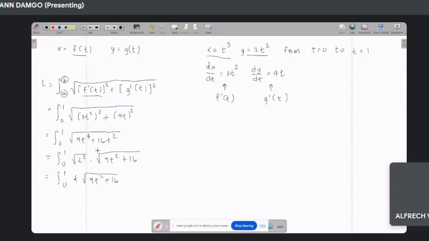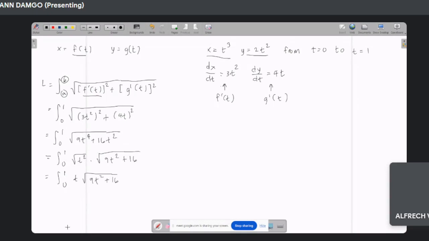Okay? So, ako lang ni i-direct og answer ha. So, ang magamit ani class kay trigonometric substitution. So, in which ang hypotenuse is the square root of 9t squared plus 16. Ang legs kay 3t of 4. Okay? So, ito lang siyang i-answer ha.